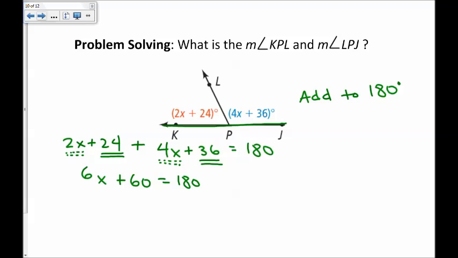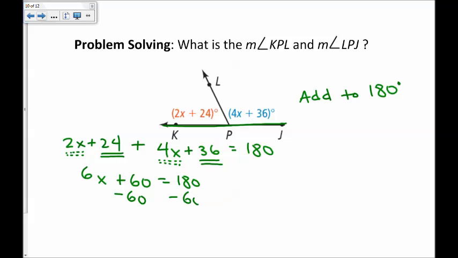So now that I've combined the like terms, I want to get x by itself. Right now, x is being multiplied by 6, and it's adding 60. The way to get x by itself is by getting rid of this plus 60. So the opposite of adding 60 is subtracting 60.